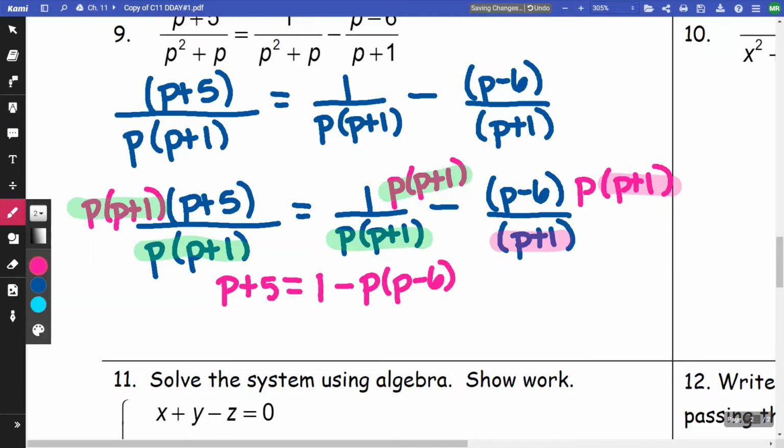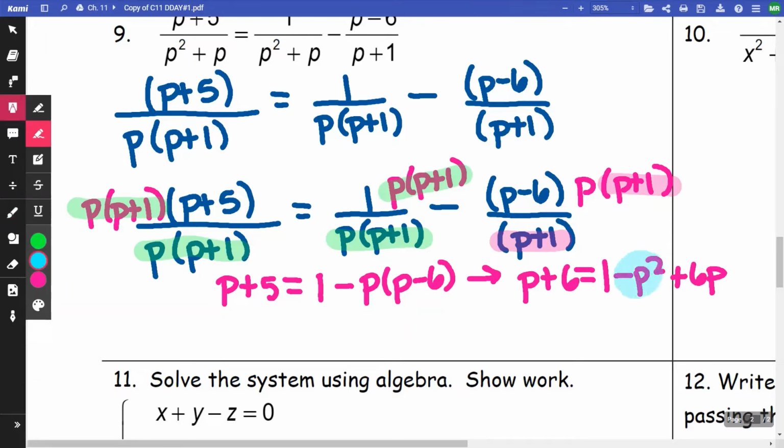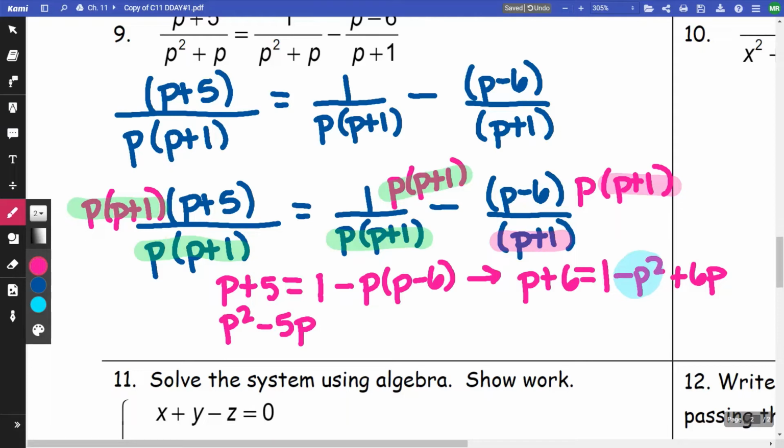So now I'm going to clean this up. So I'm going to get a p plus 5 is equal to 1 minus p squared plus 6p. We have a quadratic. You get everything on one side, 0 on the other. So I'm going to make sure that my p squared is going to be positive. So I'm going to take everything over to the side with the p plus 5.